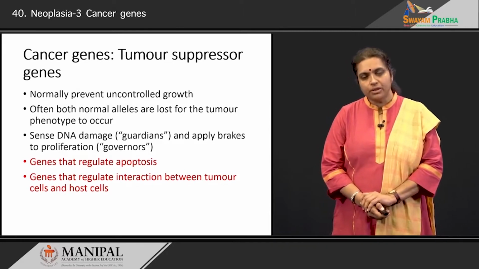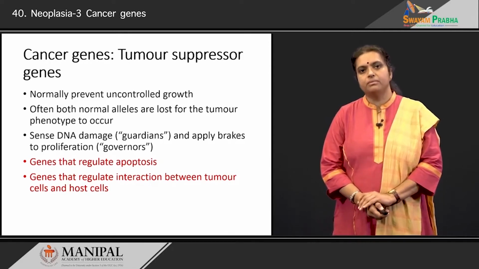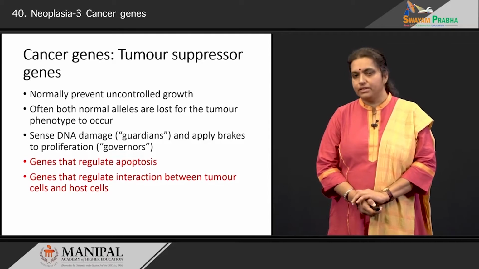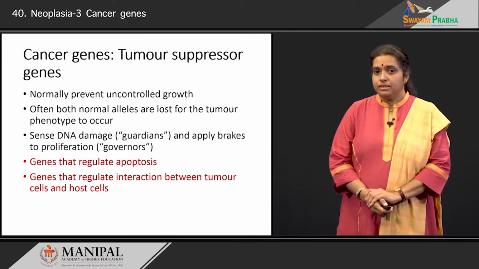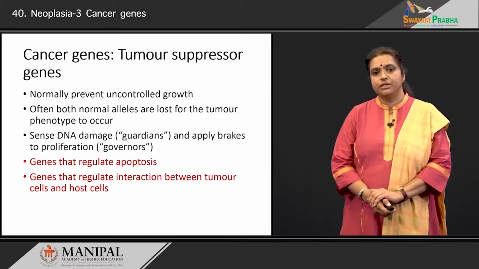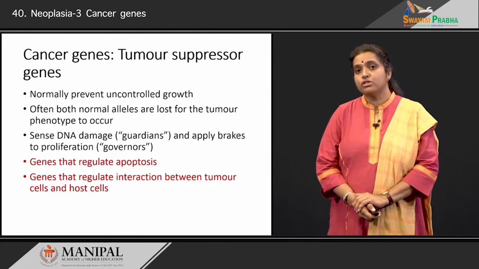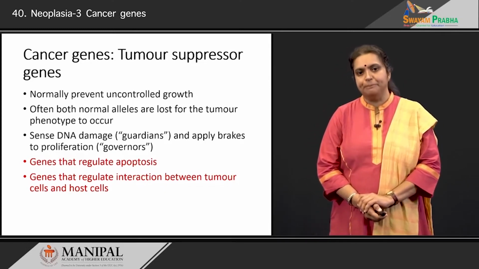So, they ensure that there is normal, coordinated and regulated proliferation of cells within any organ. Now, we learned that oncogenes are dominant, whereas for tumor suppressor genes you usually require loss of both alleles for a tumor phenotype to occur.